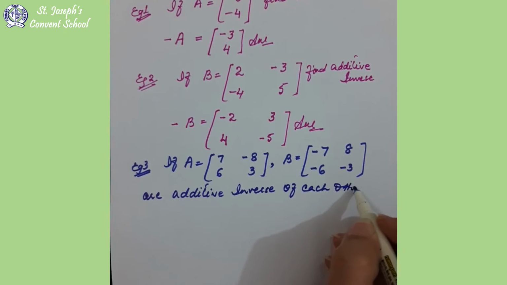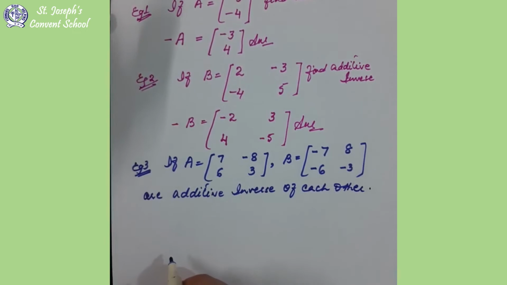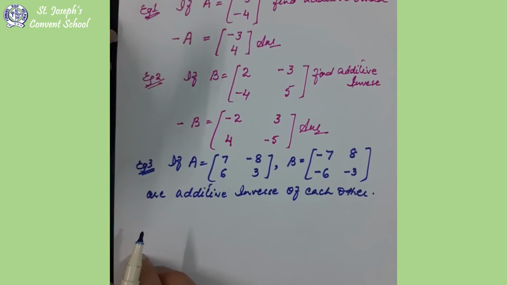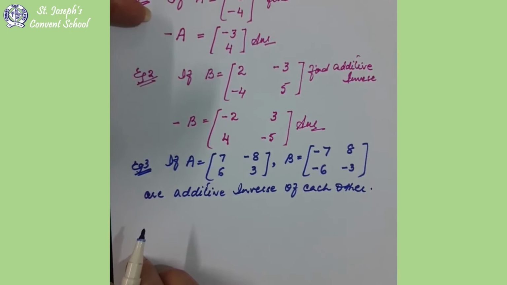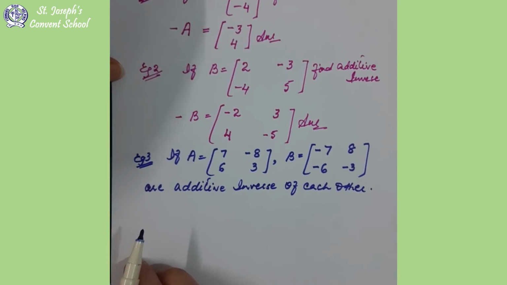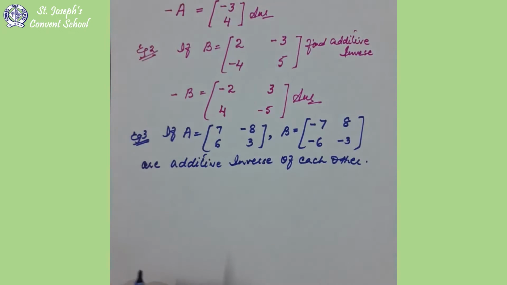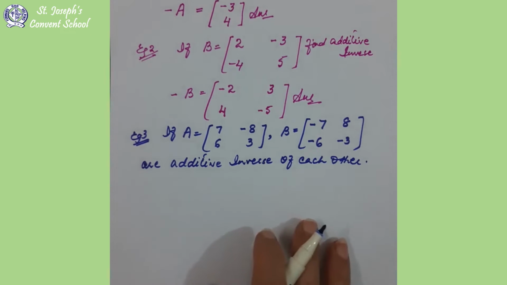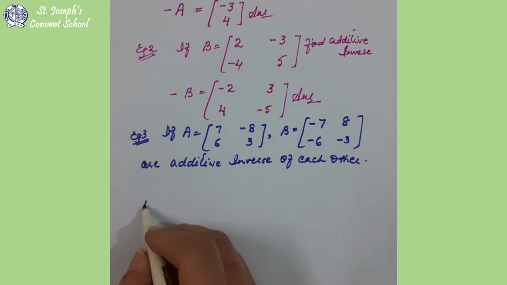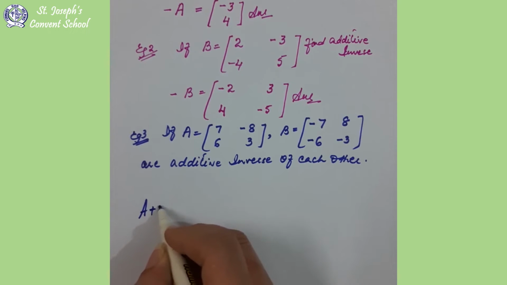Now these two matrices are given. So how will you find they are additive inverse of each other? When you add these numbers, the sum is always equal to 0. So it means that they are additive inverse of each other. So we will add them, A plus B, and see if the answer is 0.